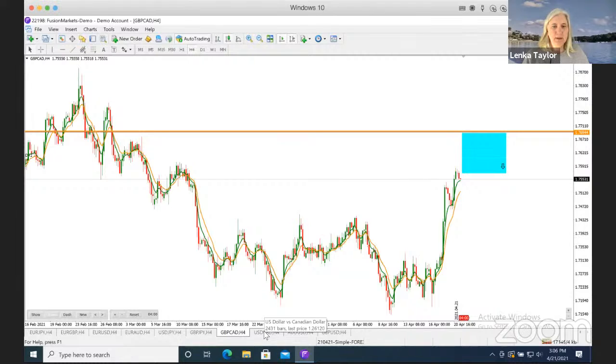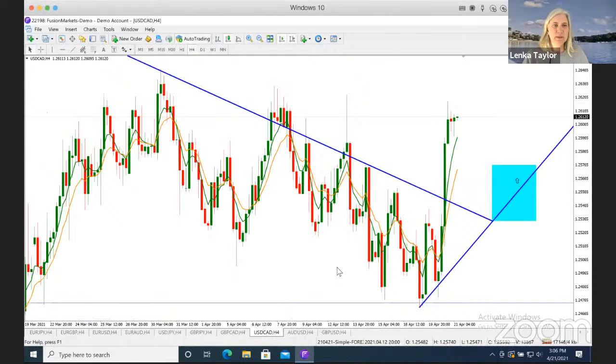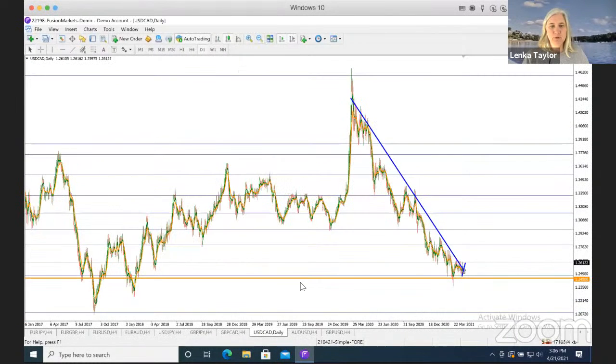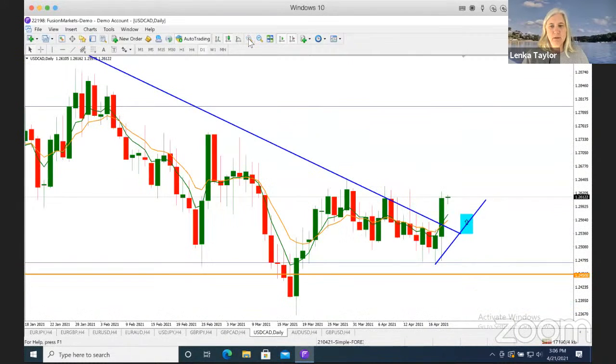The next currency pair I'm going to have a look at is USD Cad. So with this currency pair, I'm looking for a long at the moment. We have quite a strong support there and already had a couple of bullish engulfing bars there signifying potential turnaround in the trend.